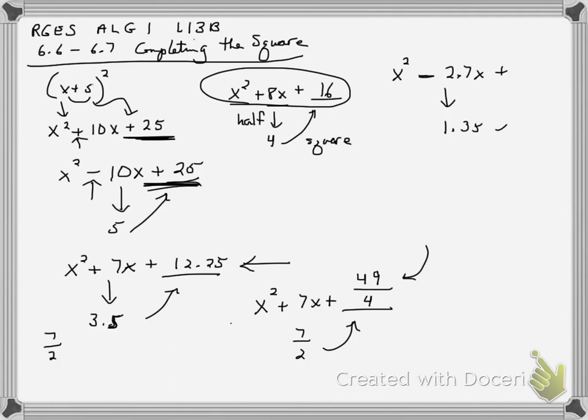And then squaring that, I'm going to get 1.8225. You can use the calculator for this. Okay, so again, always half it, square it, and that's called completing the square by adding that last term.